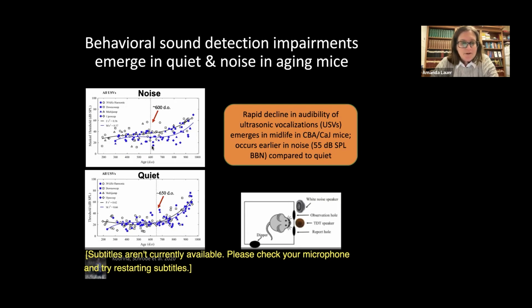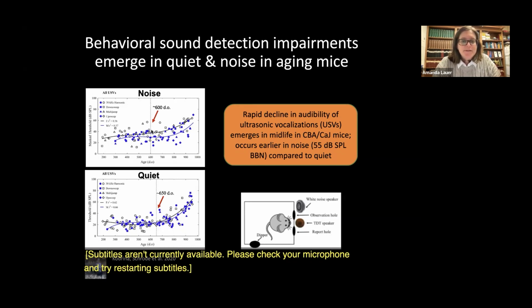It's really a lot of work to track them with age behaviorally, but in collaboration with Michelle Dent's lab at the University at Buffalo, we have developed an assay for doing this. So the mice are trained to, in this case, detect an ultrasonic vocalization, which is their natural vocalization, in quiet or noise, and they were tracked for 3 years by a heroic effort by Anastasia Kobrina, the graduate student in the Dent lab.